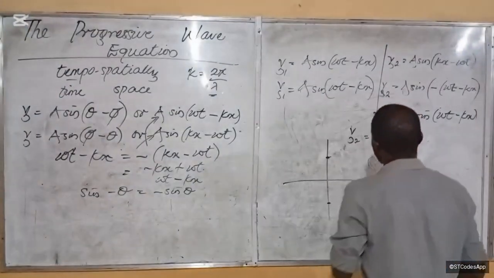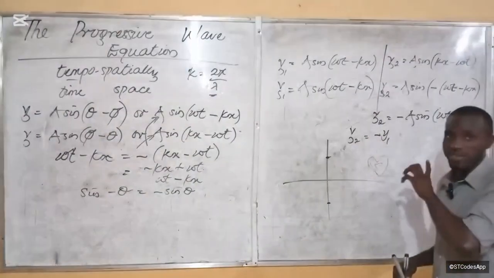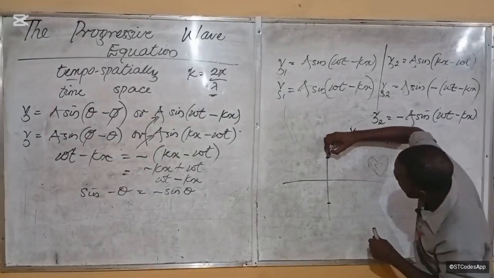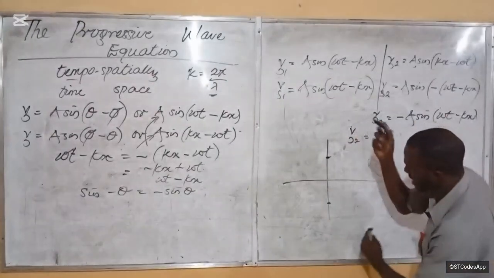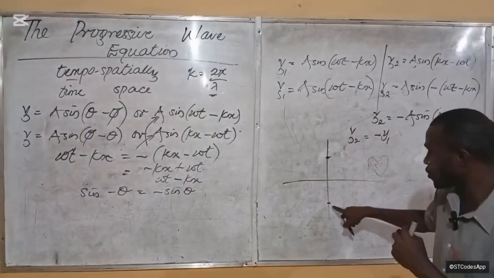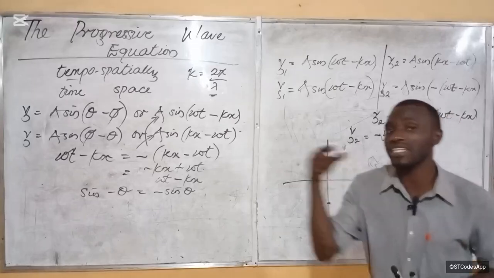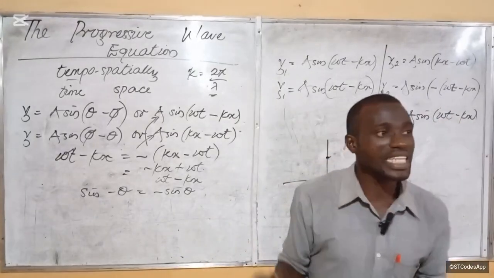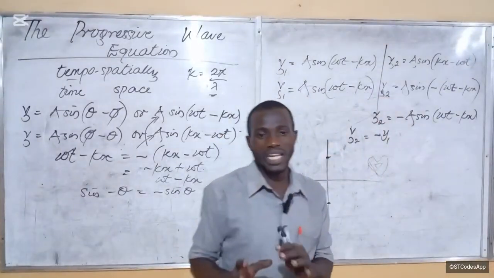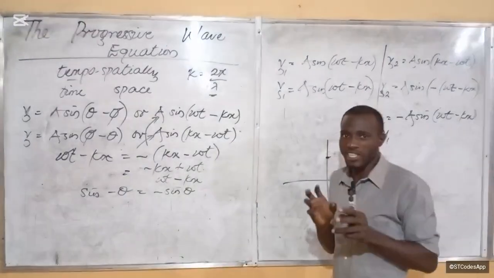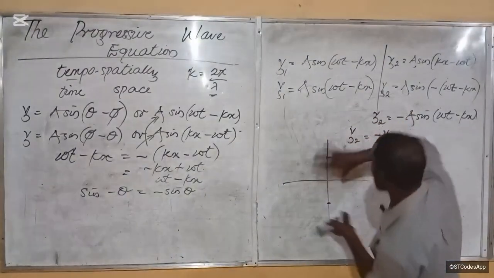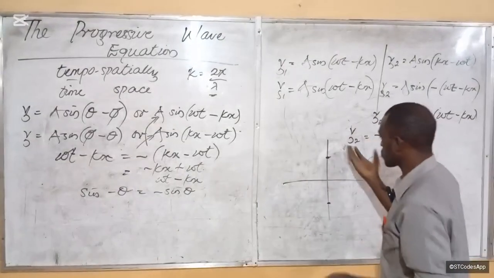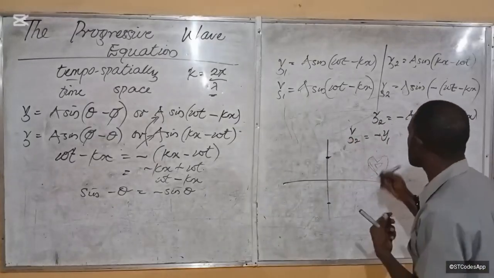So this y2 is going to be the negative of y1, such that if I pick y1 here, then the other side of y has the same magnitude but the opposite direction. And you see, the direction doesn't really affect much here. Do you know why? Because if I turned my graph here, I'm going to have the same value. I just switched. It's called a phase shift.